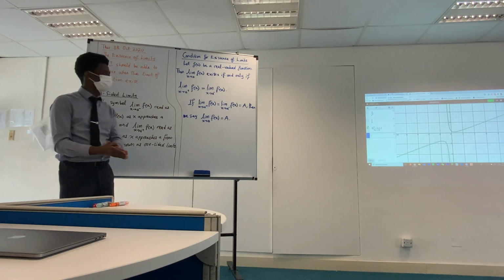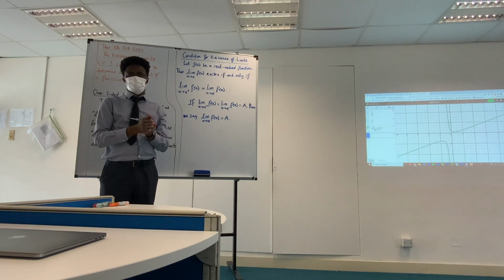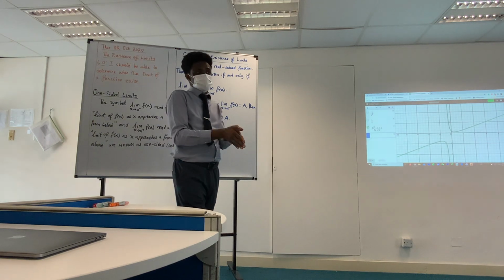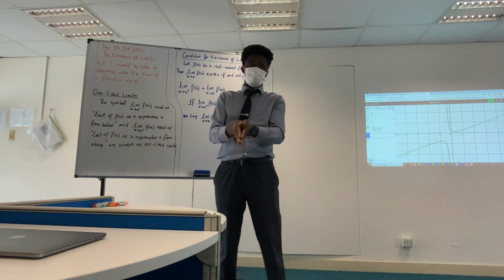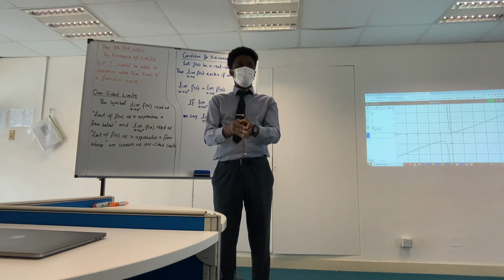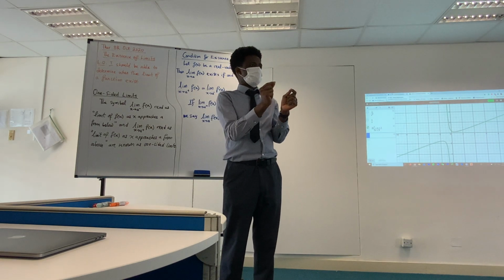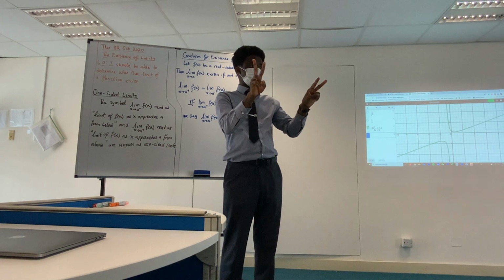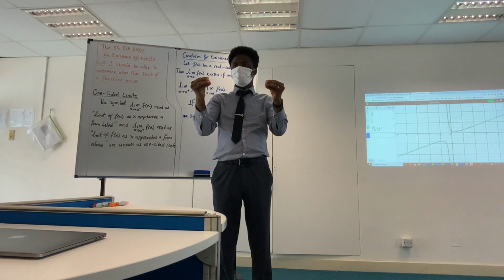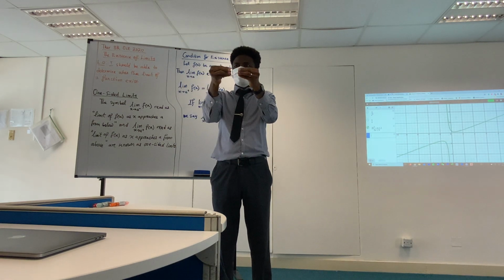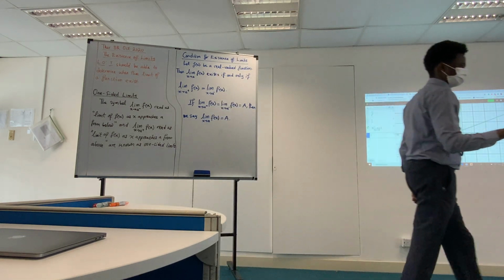Why are they important? The only condition for the limit of a function to exist as the variable approaches a value is when the two one-sided limits, there are two of them now, from below and above, tend to the same number. Am I making sense? Now, let's look at this.